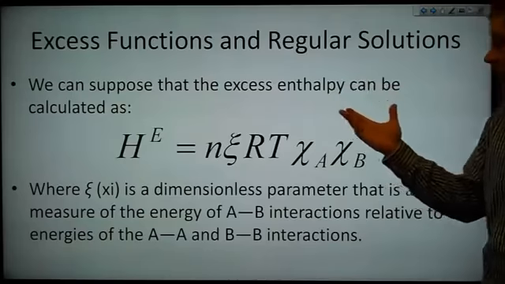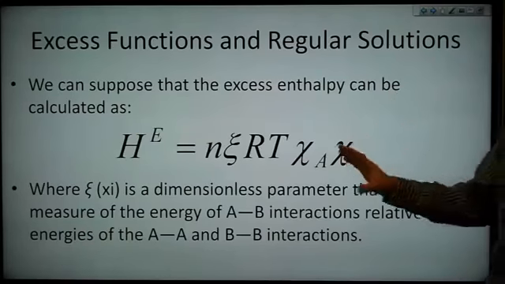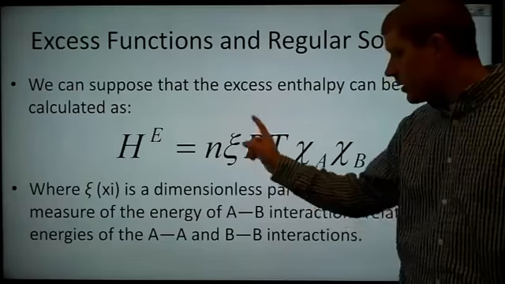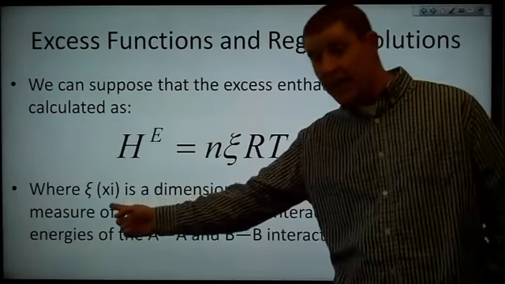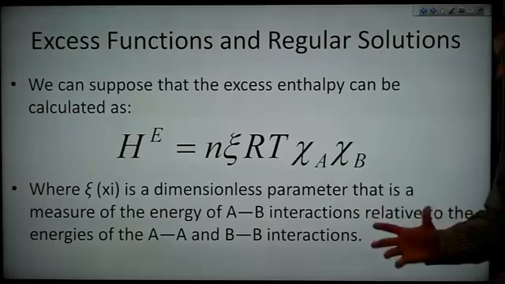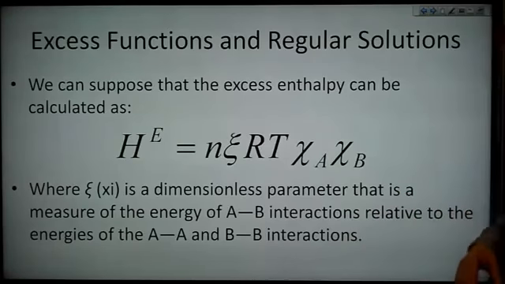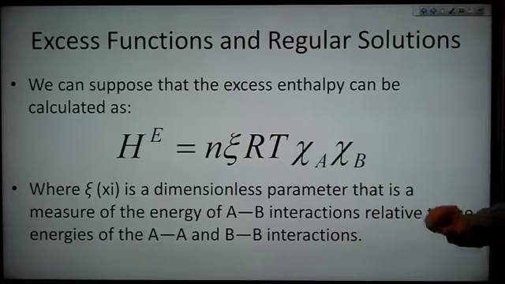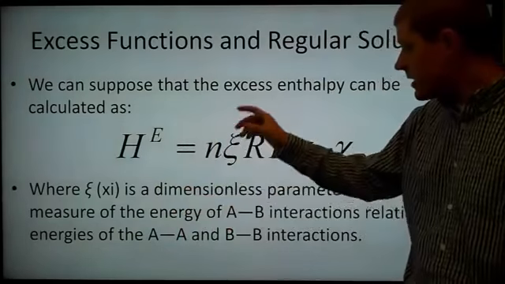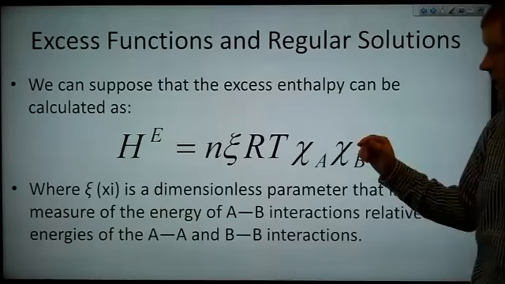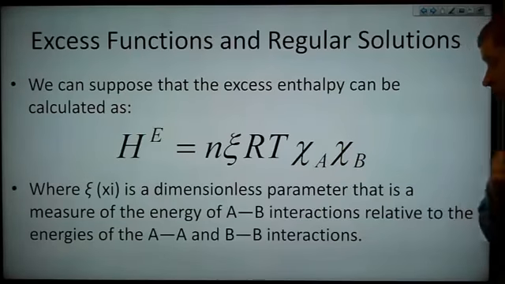So we can now suppose that the excess enthalpy can be calculated with this expression, where this symbol here, xi, is a dimensionless parameter that's a measure of the energy of AB interactions relative to the energies of AA and BB interactions. Right? So here we have the excess enthalpy is equal to the number of moles times our dimensionless quantity xi, times R times T times the mole fraction of A times the mole fraction of B.